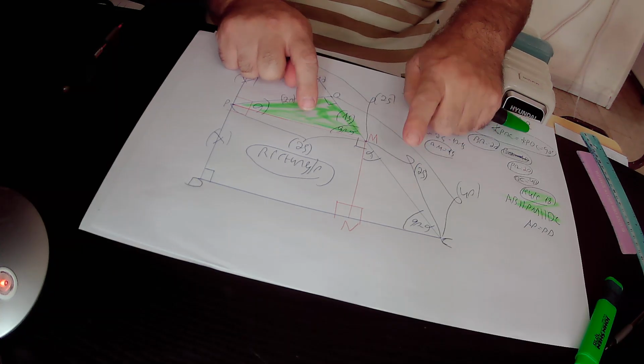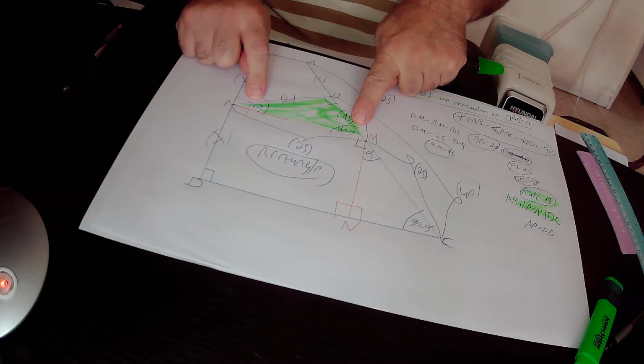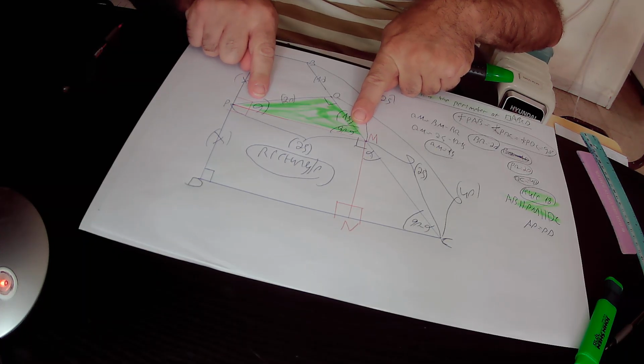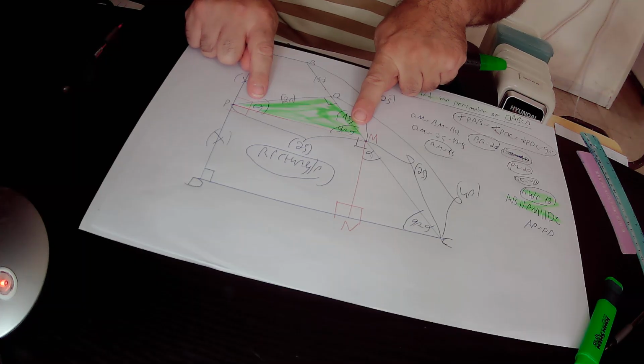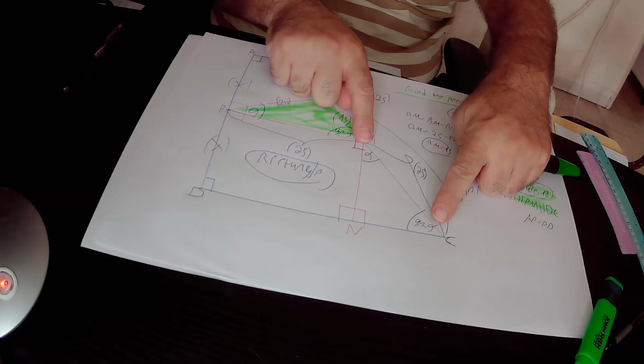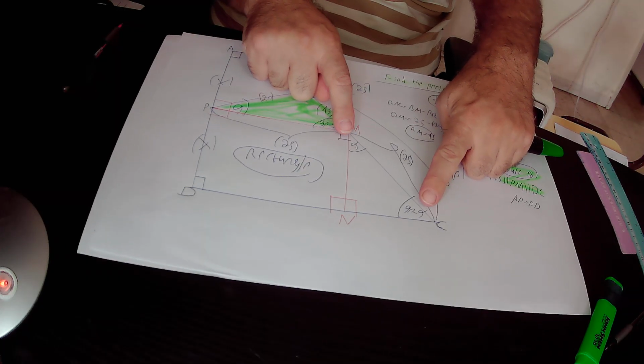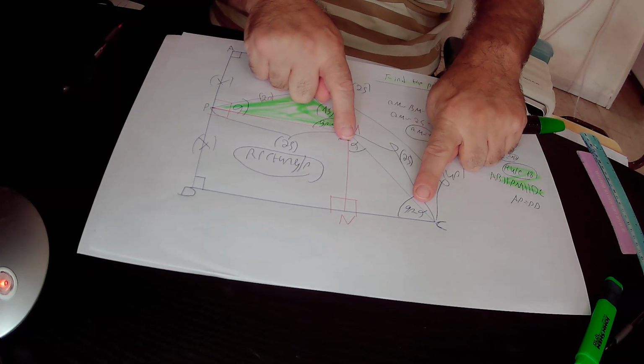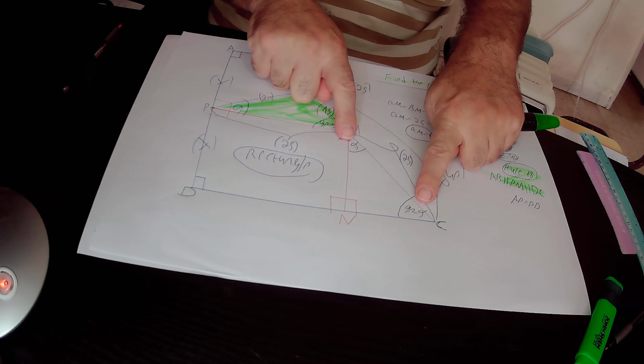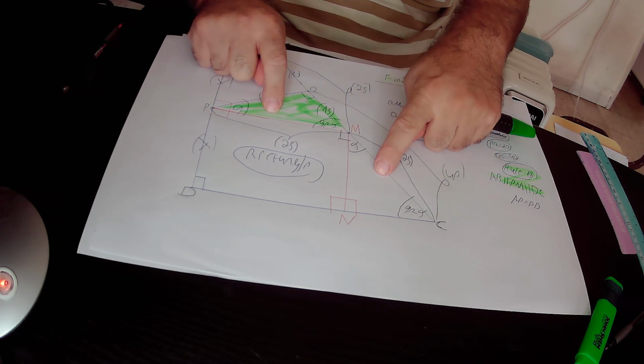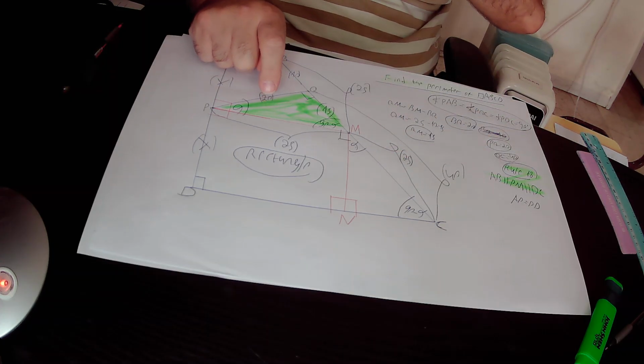That is to say, we actually proved that those two angles and the side that is included between those two angles, that is side PM, of this green triangle PQM are correspondingly equal to those two angles, and the side that is included between those two angles, that is side MC, of this right triangle MNC. And therefore, those two right triangles can go into each other according to the angle side angle rule. So I write it down.